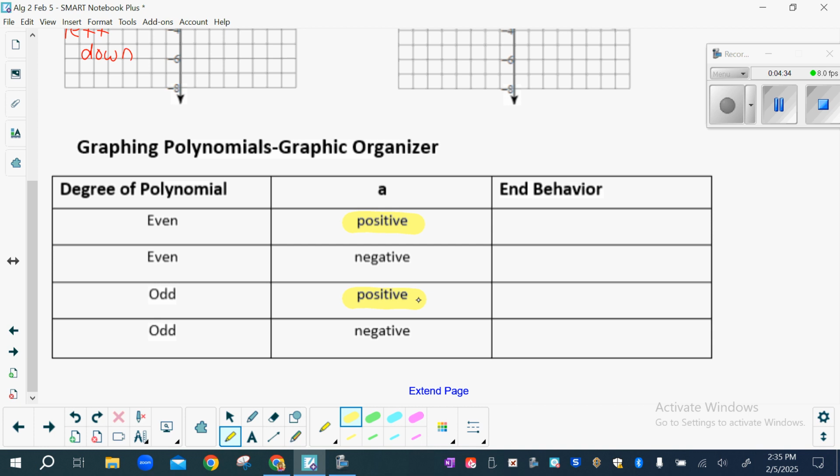So if the degree is even and A is positive, the end behavior is always left up, right up. Okay, and I want those full words there on both of them. I don't want an abbreviation. I'm giving you something to organize it, but you won't be able to use it for your quiz.